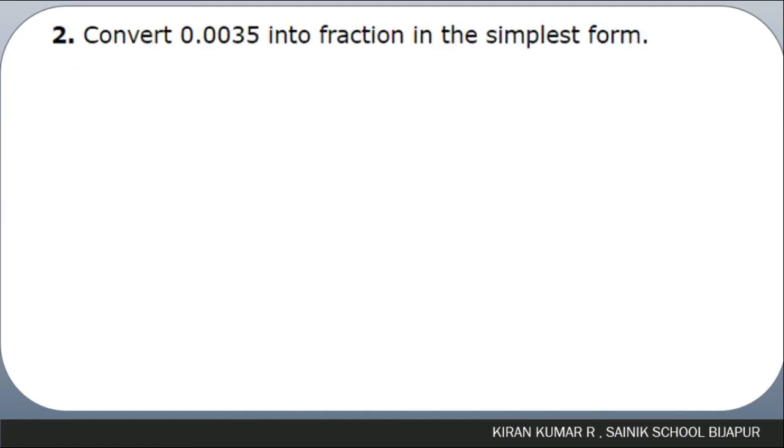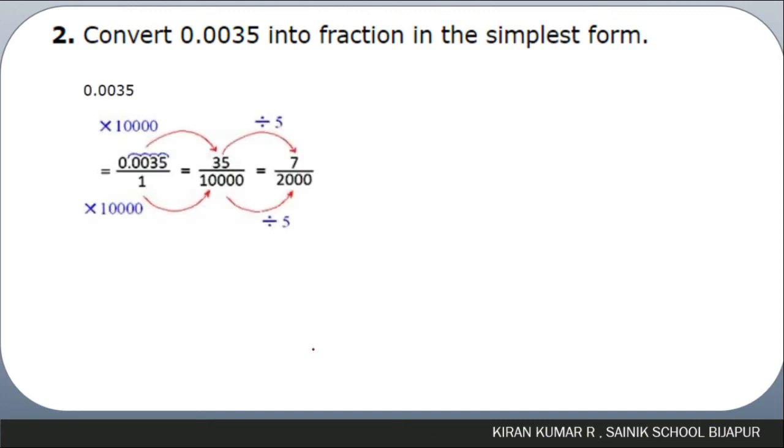Let's see one more example. Convert 0.0035 into fraction in the simplest form. Look at this. Here there are 4 decimal places, so 4 zeros are taken along with the 1 and multiplied to both numerator and the denominator, we get 35 divided by 10,000.